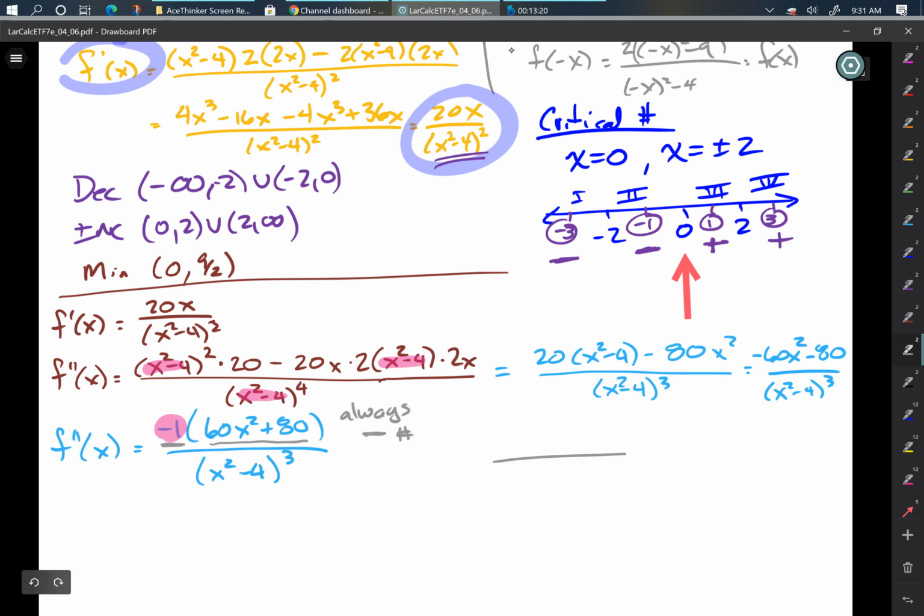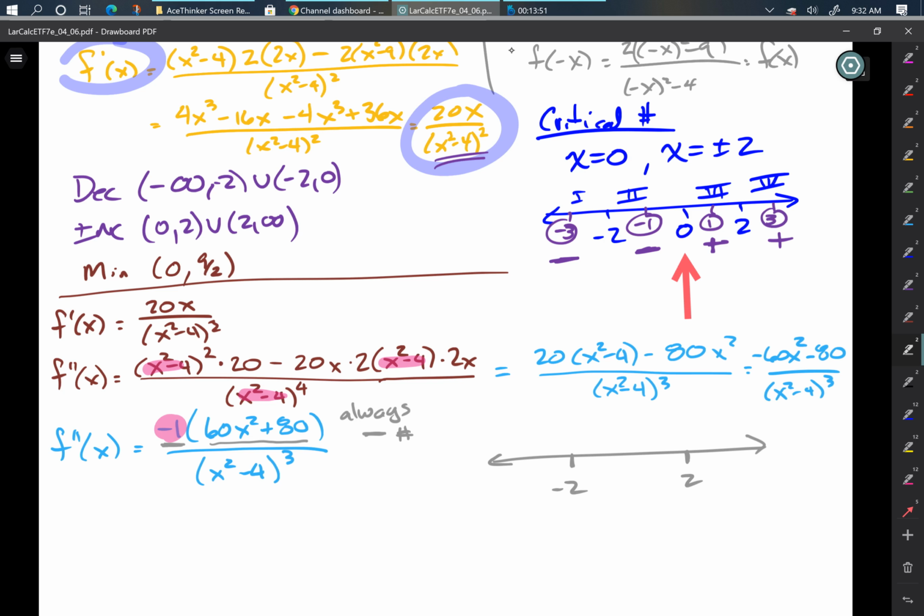All right, first things first, though, I need to find out when the second derivative is equal to 0, or when the second derivative does not exist. Now, I just got done saying the numerator is always negative, so there's no way to make it 0. So the only way for this thing to have any importance is for the denominator to not exist, and the denominator doesn't exist at 2 and negative 2, as we've established several times already.